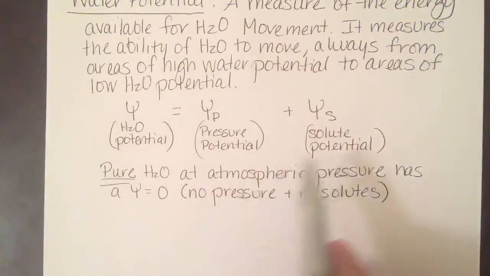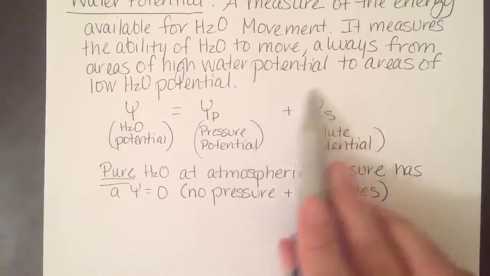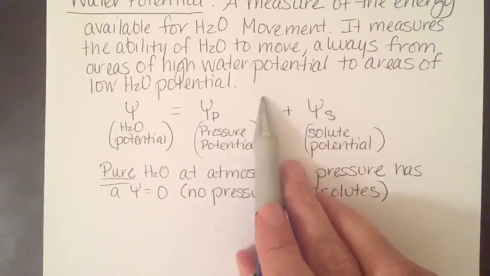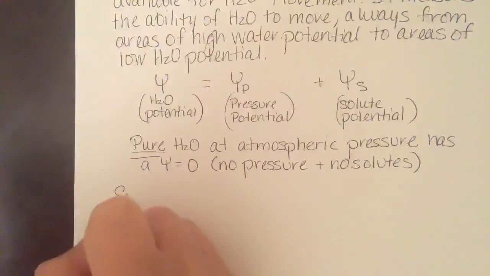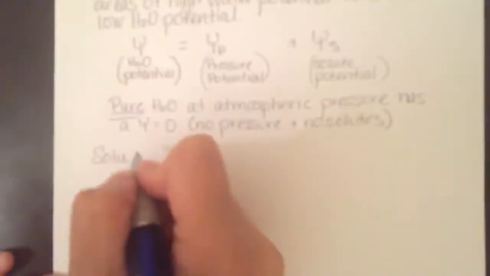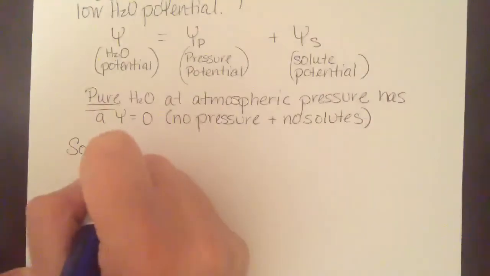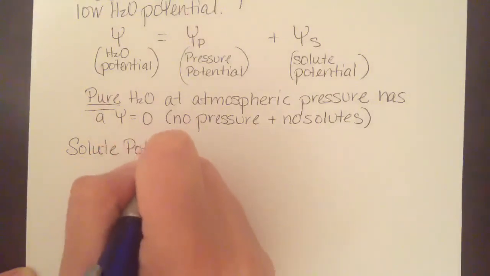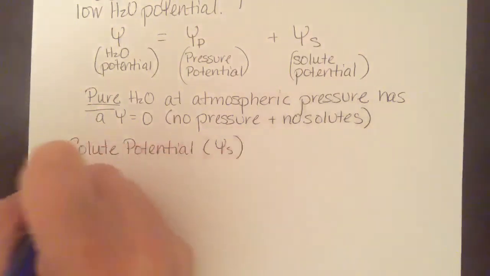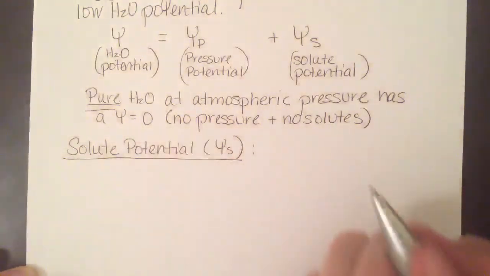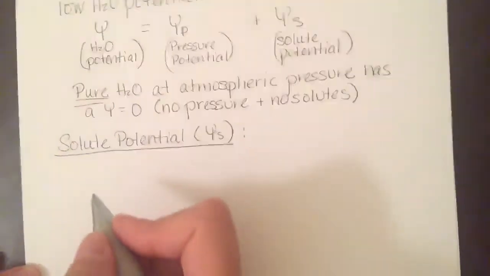All right, so let's take a look at each one of these things and talk about what a solute potential is and what a pressure potential is. So let's start out with solute potential, which is the psi with the sub s. So what is that? Let's write a few things about it.